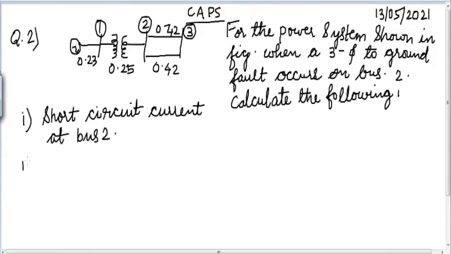Number 2, fault voltages at bus 1 and bus 2.